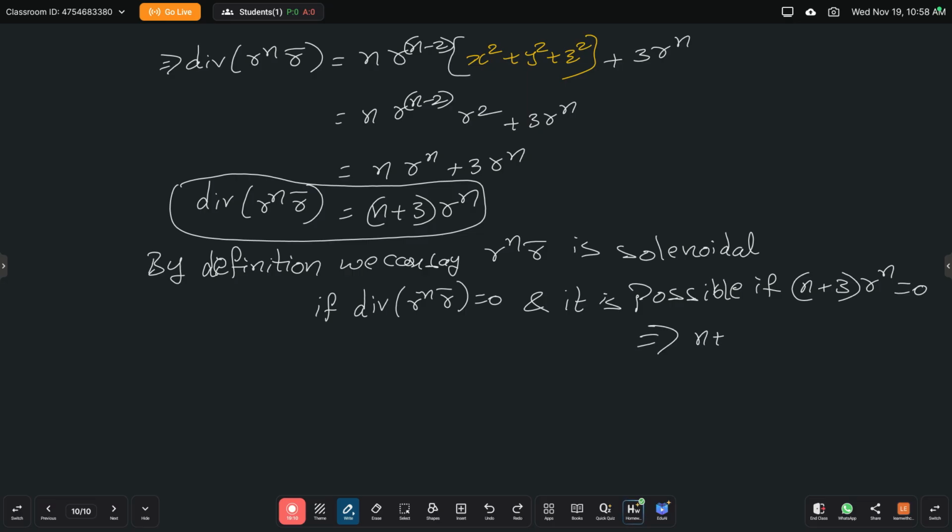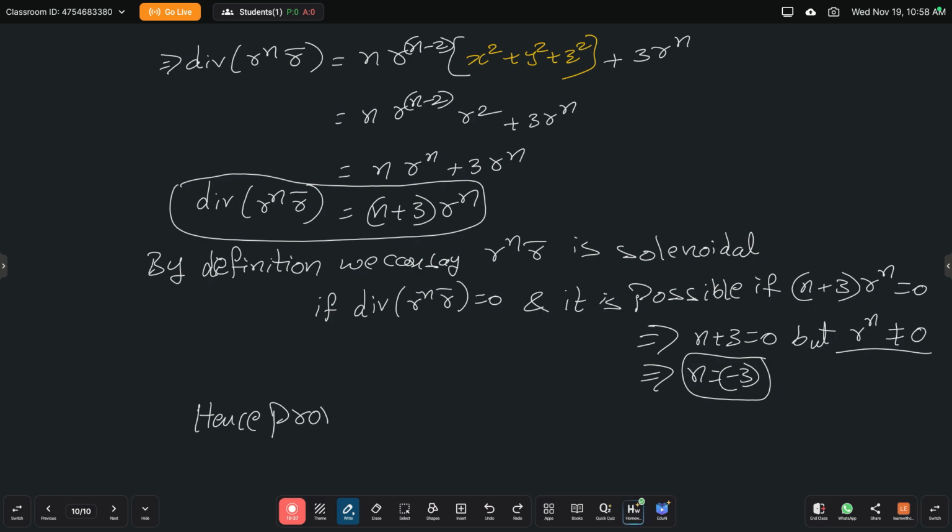That implies n plus 3 equals 0, but r^n is not equal to 0. That implies n equals minus 3. So our given vector r^n r̄ is solenoidal if n equals minus 3. Hence proved. r^n r̄ is solenoidal if n equals minus 3.